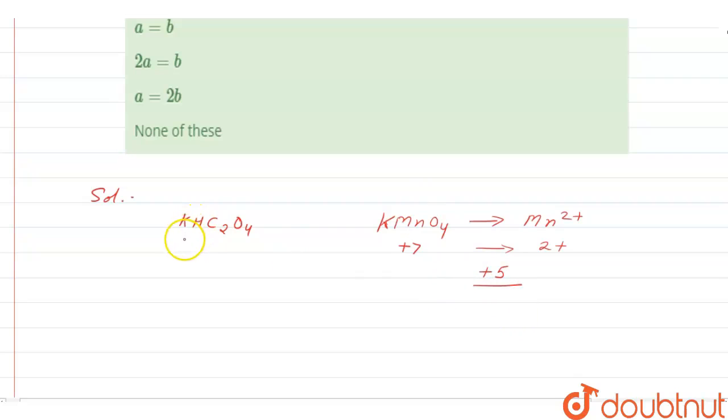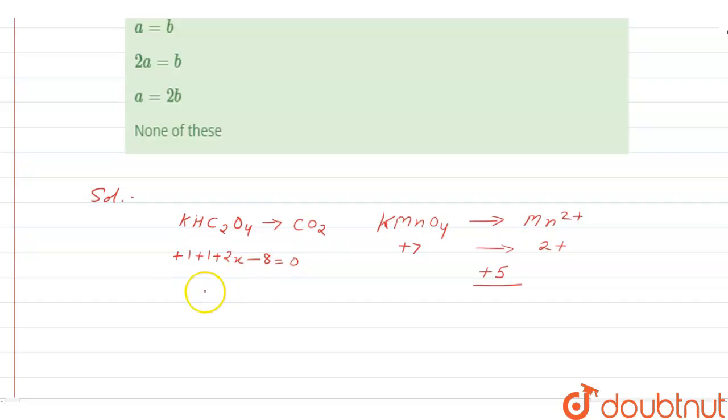Now take the other component of the reaction, that is potassium hydrogen oxalate. Considering this, what will happen? The carbon will get converted to carbon dioxide. Here the oxidation state of carbon can be calculated like this: +1, then +1, then 2x, minus 4 into 2, that is 8.